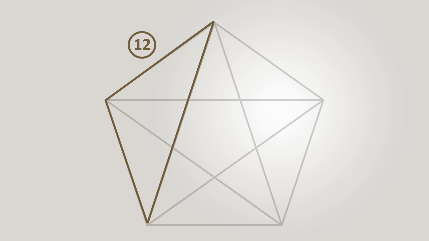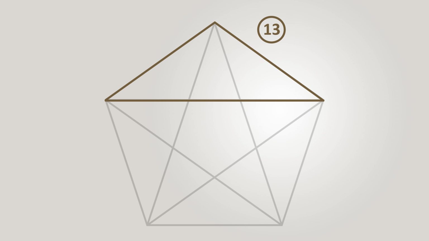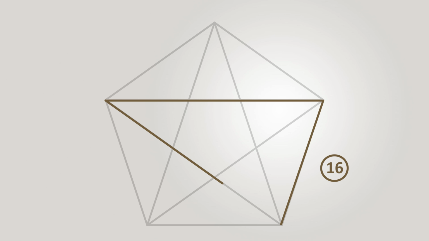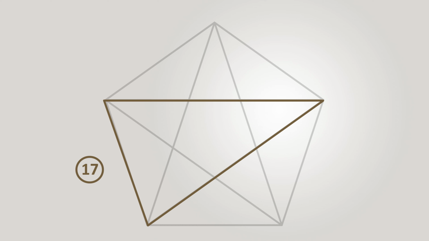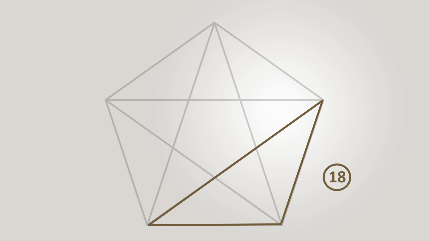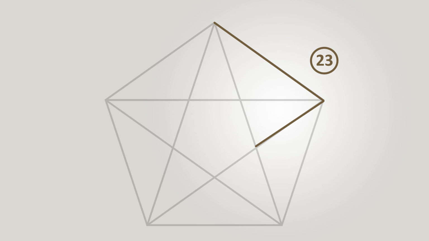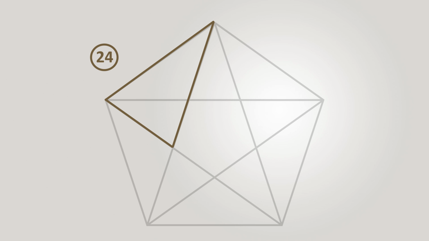Now let's do the next 10 triangles. 11, 12, 13, 14, 15, 16, 17, 18, 19, and 20. And now let's do the next 5. 21, 22, 23, 24, 25.